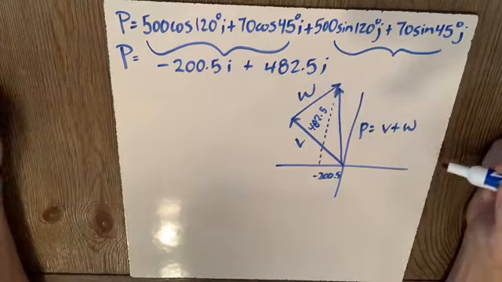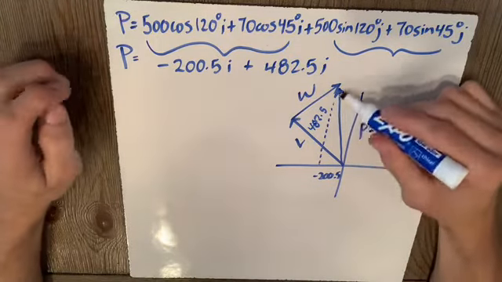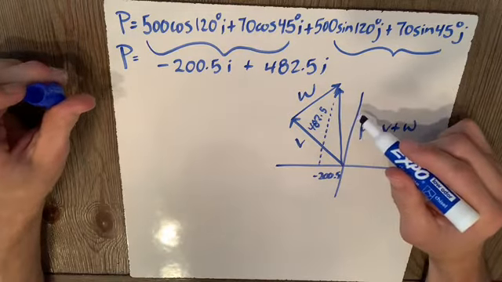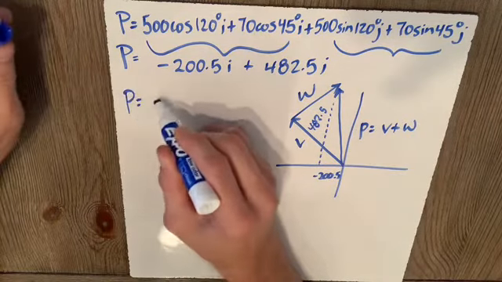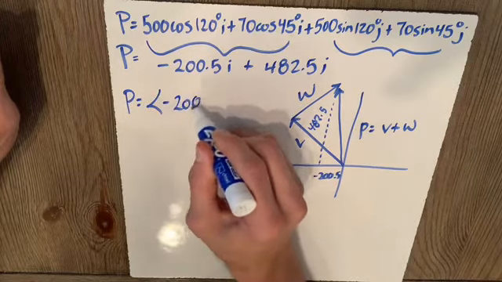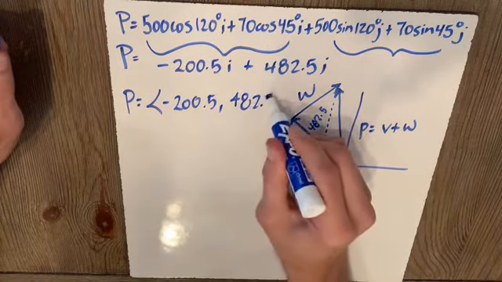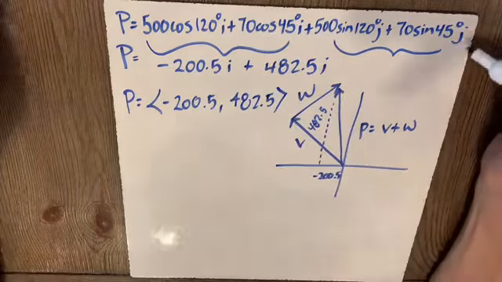So don't forget what you just found. You found the resultant vector P, and these are its components. Now, if we wanted to put it in component form, of course, it would be negative 200.5, comma, 482.5.